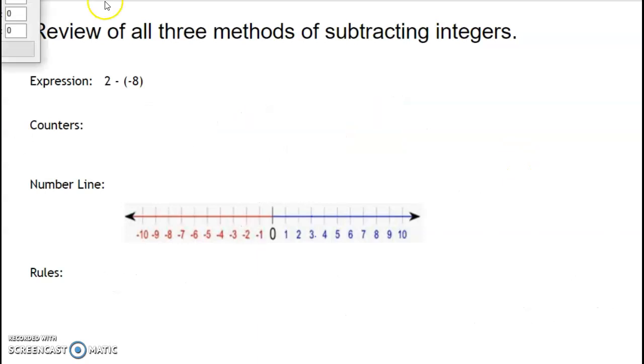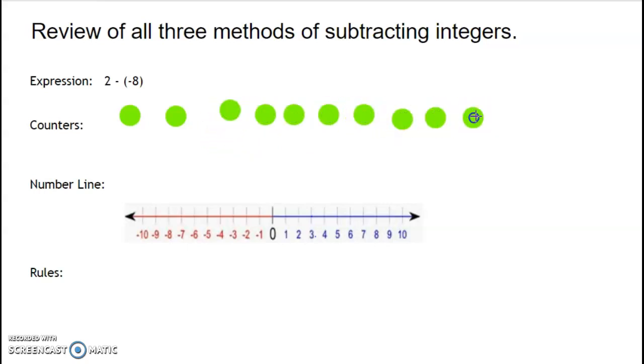Our next example reads 2 minus negative 8. Now, please notice that we don't have any negatives. We only have 2 positives to start with. So that means I need to add 8 0 pairs. So I will add 1, 2, 3, 4, 5, 6, 7, 8 green counters.